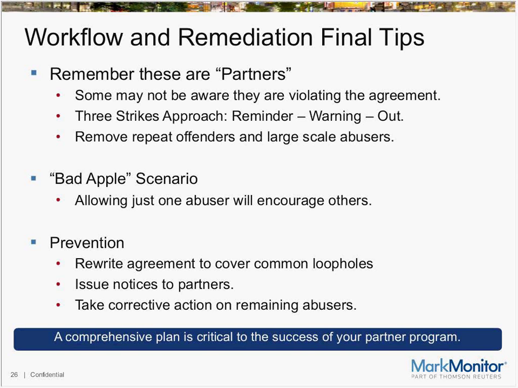The bad apple scenario, I didn't talk about that a whole lot, but essentially if you have one person out there violating your brand and other people see that, who are also your partners, they're going to do the same thing. Or they're going to at the very least point to them and say, why are they doing that when I could be doing that, or I'm not allowed to do that. And so you want to take care of those bad apples as quickly as you can.